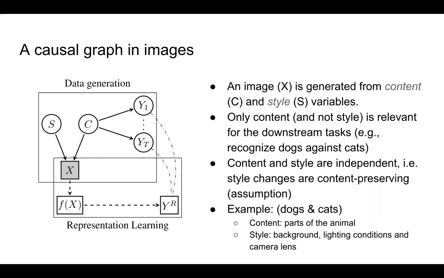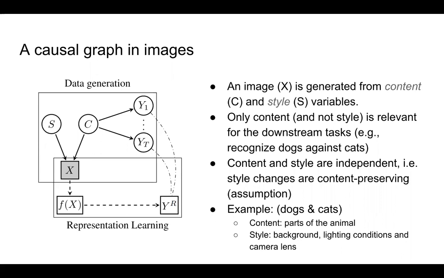So the content should be a dog or cat, and the style is maybe the cat is on the beach or in the forest or just in a house. That doesn't matter, and we don't care about the environment.